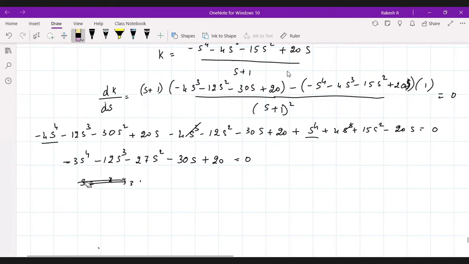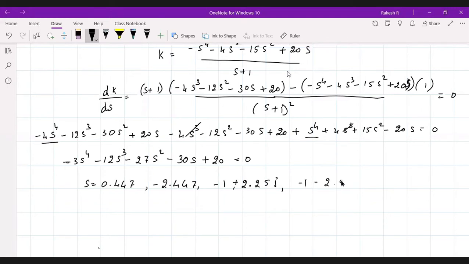Just tell me, what are the four roots? s is equal to 0.447, minus 2.447, then minus 1 plus 2.25 j, and similarly minus 1 minus 2.25 j, complex conjugate roots.